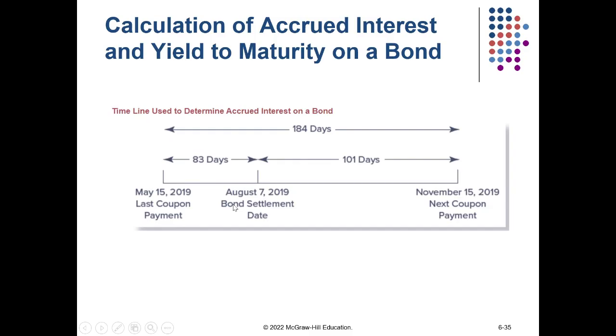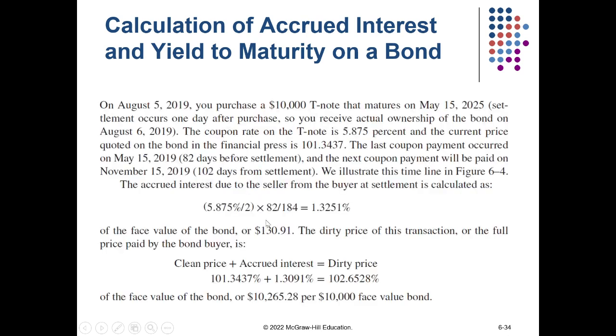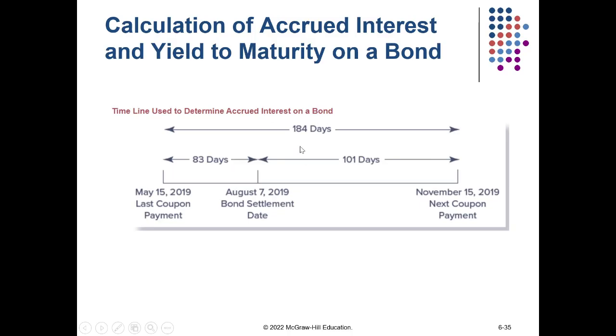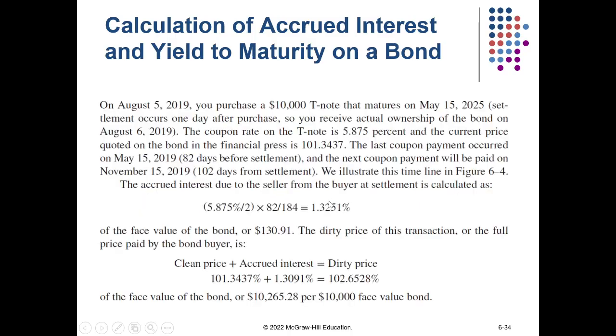But technically the bondholder only held the bond for 82 days, because there's 1 day for the extra settlement, right? So we don't consider this 83, instead we consider it as 82, and then divide it by the total number of days, which is 184. Therefore you'll get the answer.